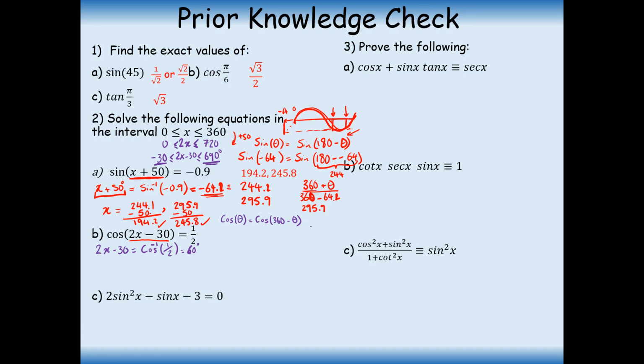That's because cos is symmetric around 0 or 360 degrees. So that means cos of 60 is the same as cos of 360 minus 60. So basically, the other principal value is 300 degrees, which we will store here for now.